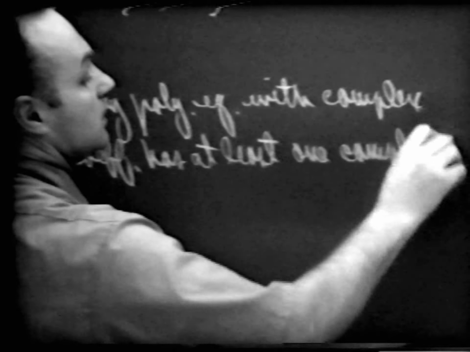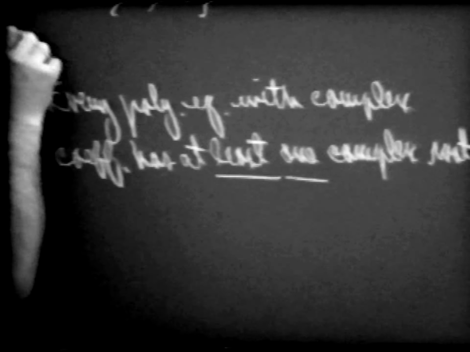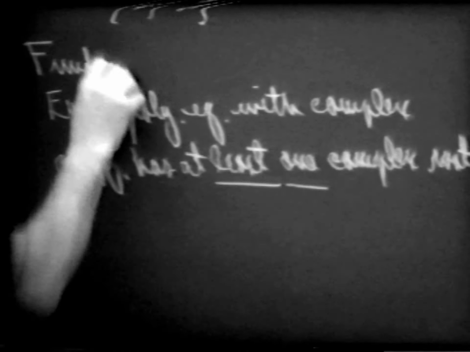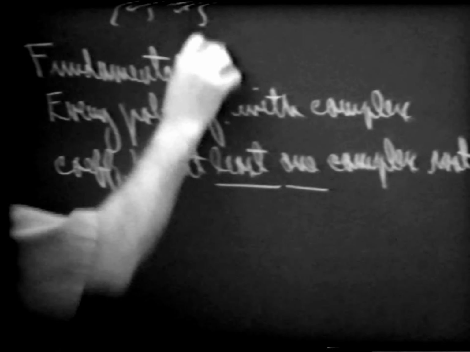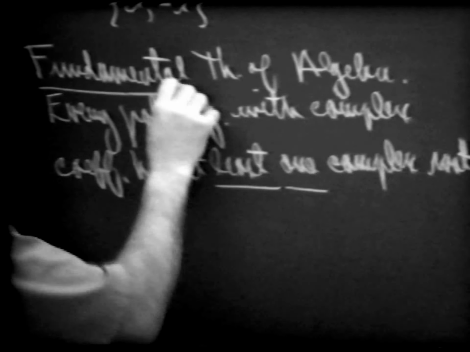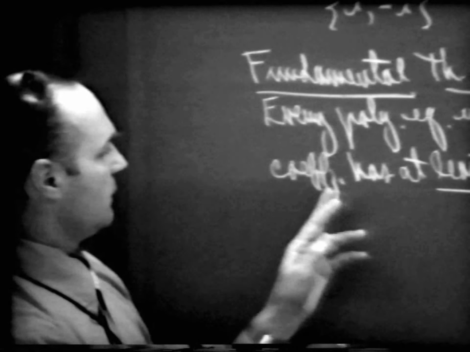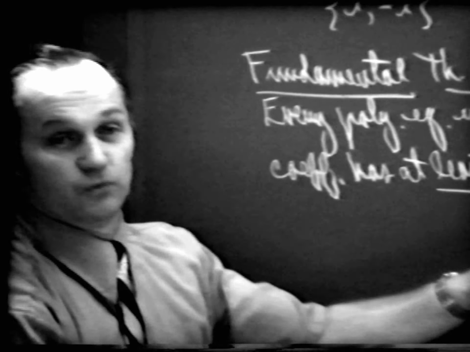This is what we call the fundamental theorem of algebra, which is quite a famous theorem, and it's an existence theorem. It has to do with there existing at least one complex root.